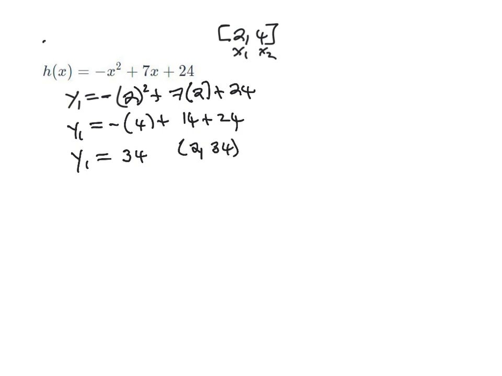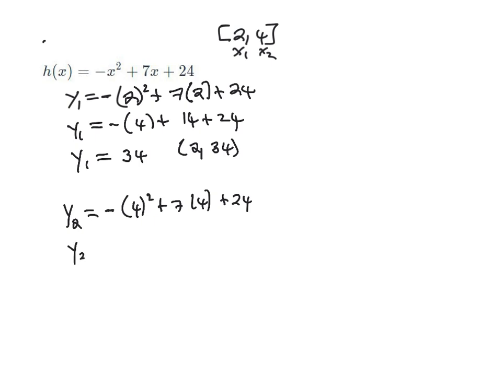Okay, to find the value of y2, we have to do a similar thing. We're going to take the same equation and replace x with the value of x2. So we're going to have y2 equals negative, and the value of x2 is 4. That's going to be squared plus 7 times 4 plus 24.